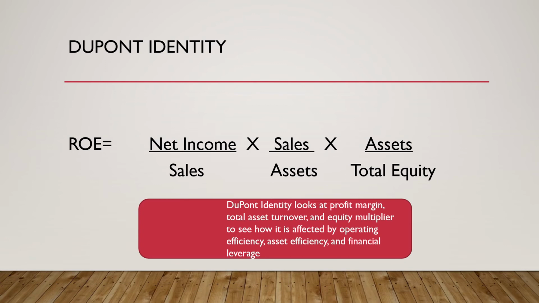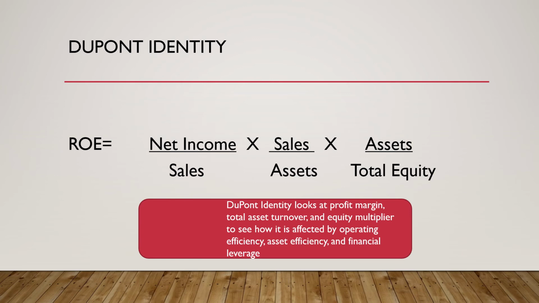The first, net income divided by sales, is an operating efficiency measure. Sales divided by assets is your asset turnover ratio. And the third, assets divided by total equity, is your equity multiplier.